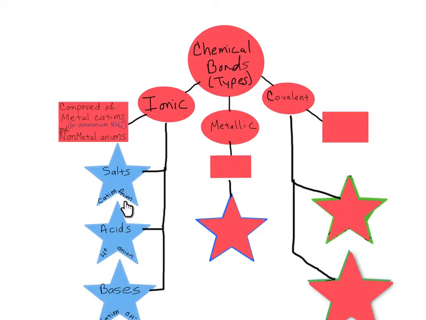What we're going to talk about now is specifically acids. Acids are a type of ionic compound. Their cation is always going to be a hydrogen ion, so that makes them very easy to identify. And then they're going to have any anion for the ending. It can be any anion. When we get to bases, bases are going to start with any cation.